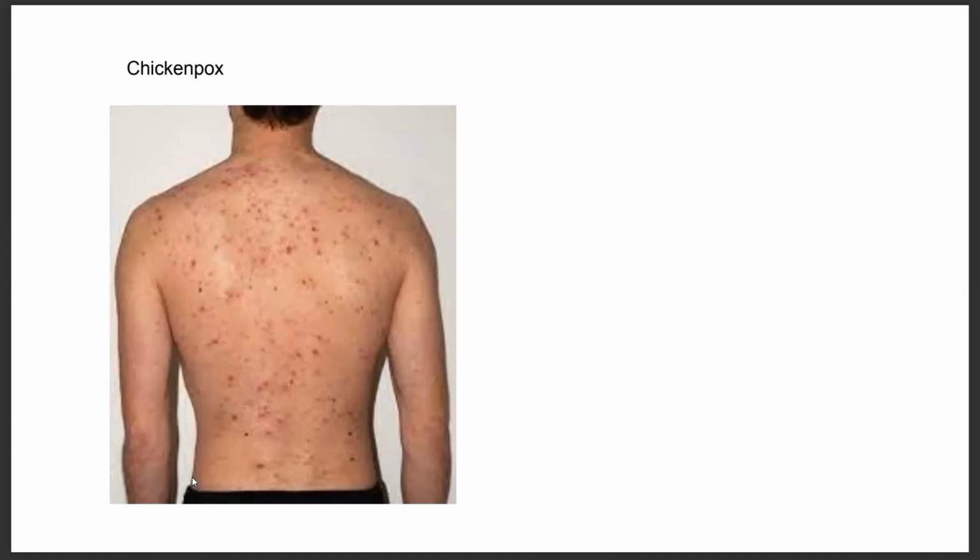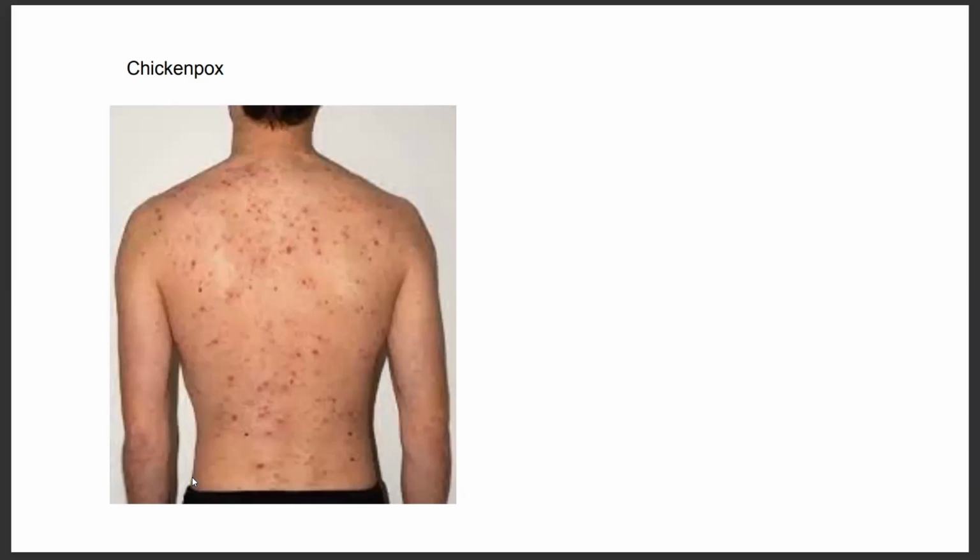Chickenpox. Chickenpox is a viral disease. The causal agent is herpes virus varicella zoster. You don't have to italicize or underline herpes virus varicella zoster because it's not a scientific name, right?